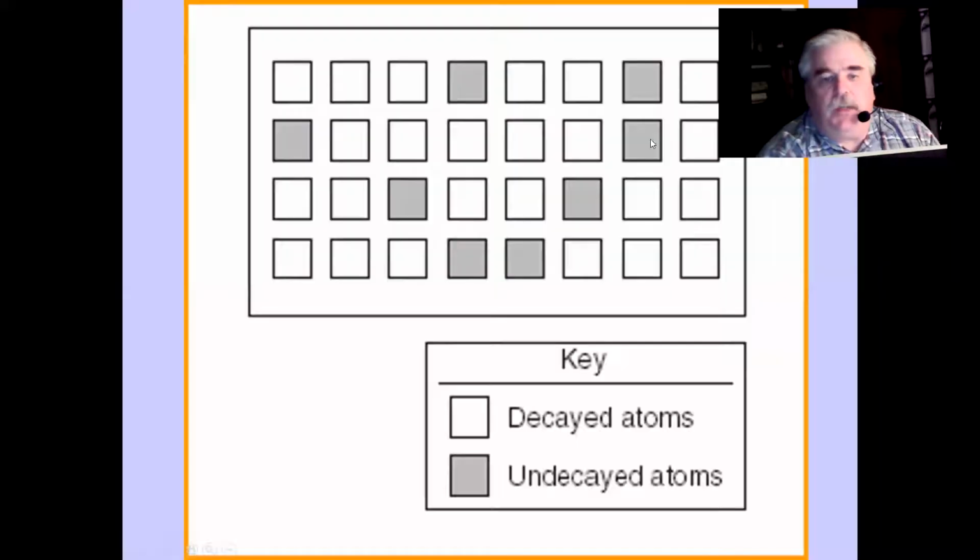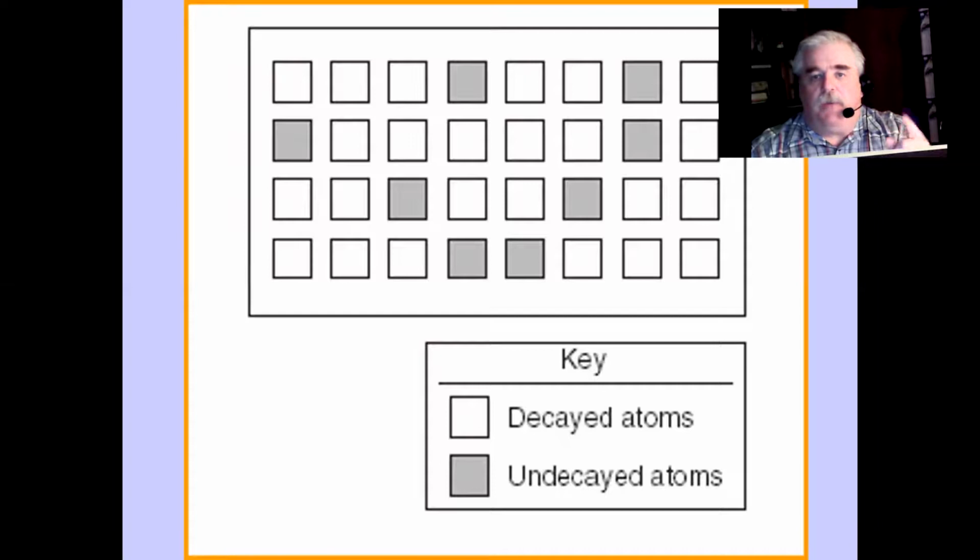So if you take a look at this Regents question here, you'll see there are 8 blocks across the top, 4 blocks down. 8 times 4 is 32. So to start, there were 32 gray blocks. After one half-life, how many gray blocks would you have left? 16. So you'd have 16 gray blocks left, and you'd have 16 white boxes. That's one half-life. If your radioisotope was carbon 14, how long would that take?